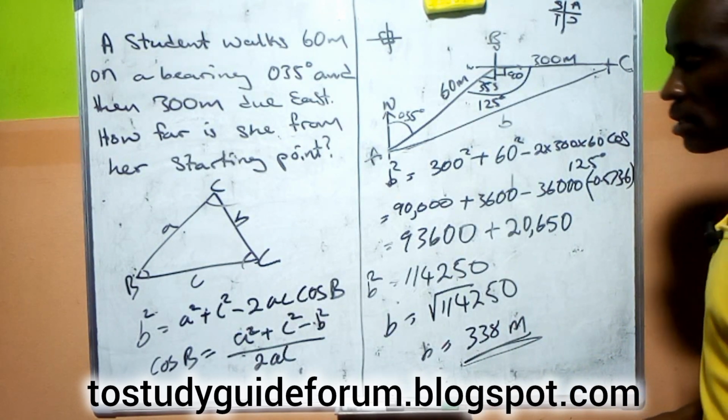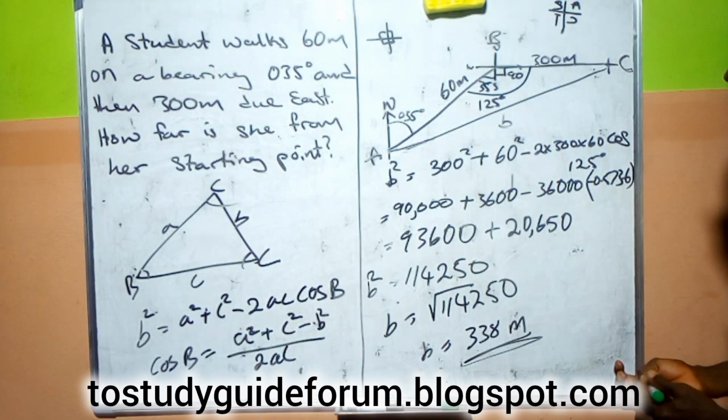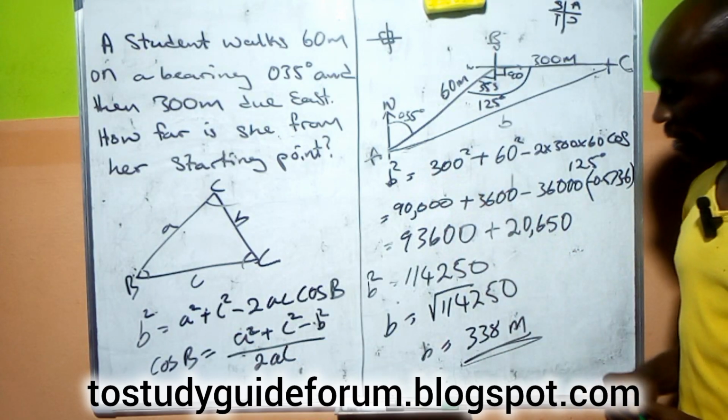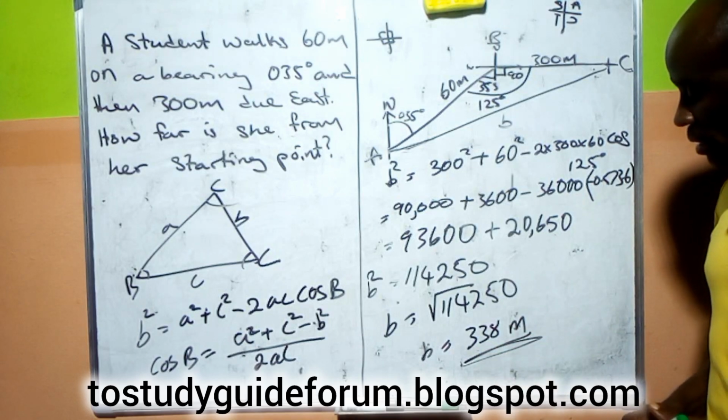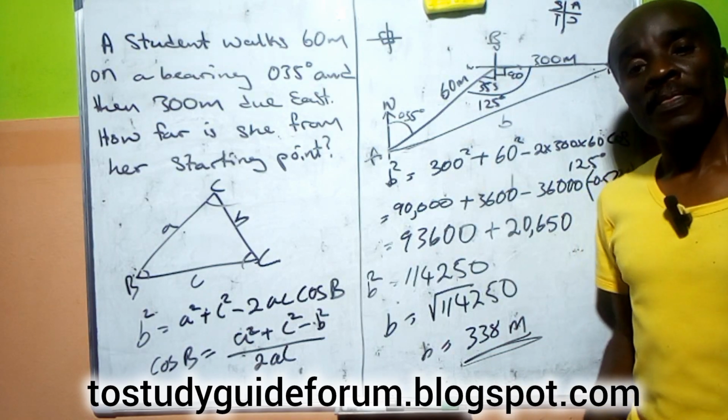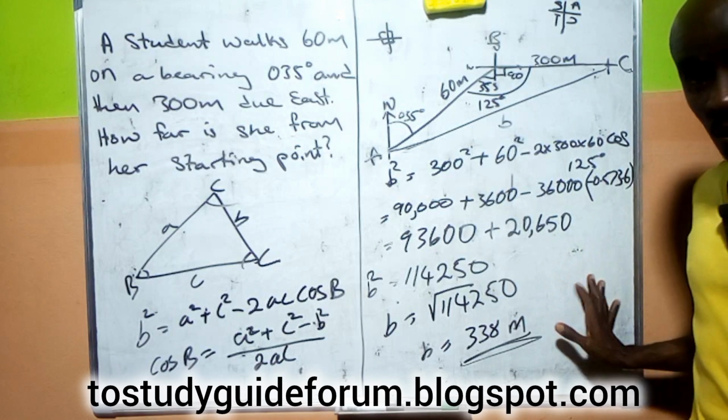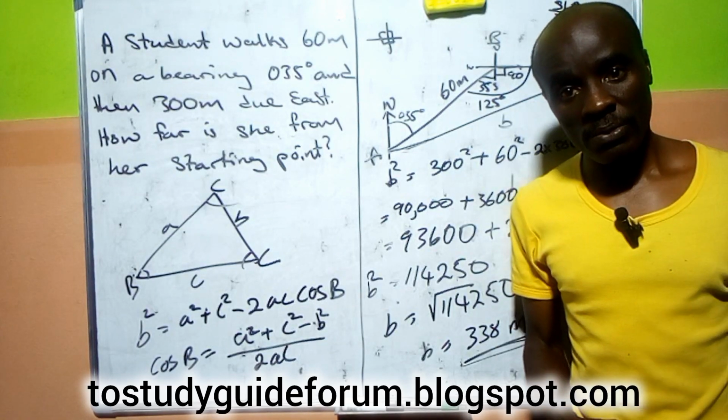So this is the distance from our starting point. We have 338 meters.